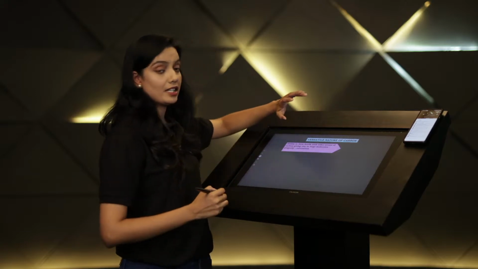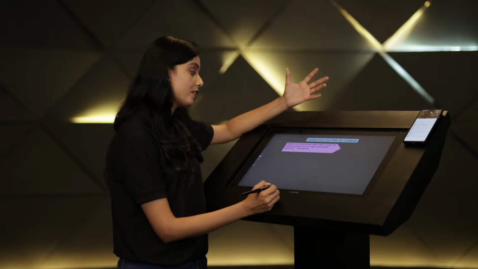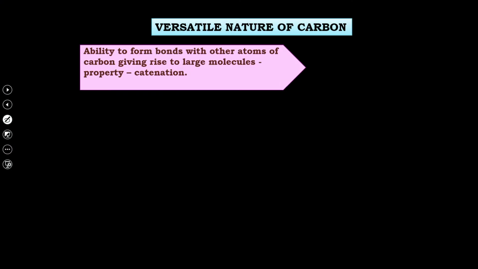The first one is the ability to form bonds with other atoms of carbon, giving rise to large molecules, and this property is known as catenation. Yes, catenation is a very important property, a self-linking property. That means carbon can combine with carbon itself and form a long chain.